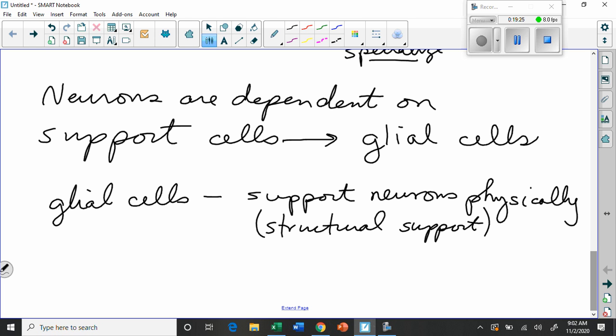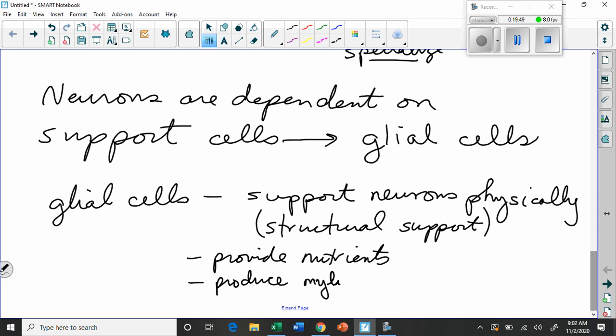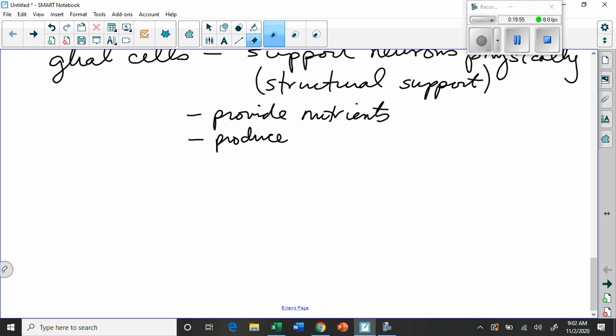They also provide nutrition or nutrients for the cells to keep them alive. Some of them produce this substance called myelin. Whoops, I spelled that wrong. Let me spell that right. I'm kind of squeezing it in here and writing smaller. I shouldn't do that. Let's go up.